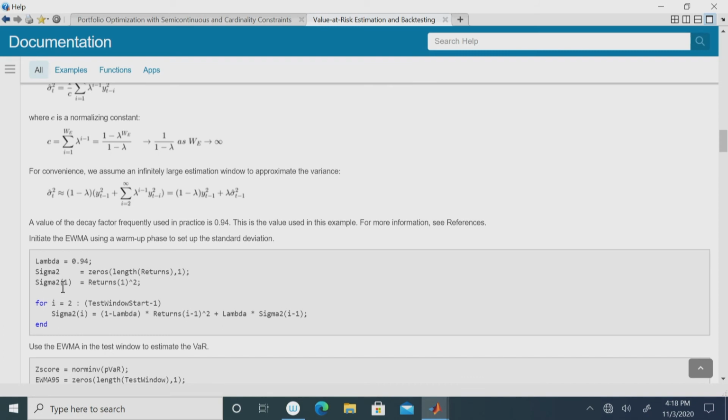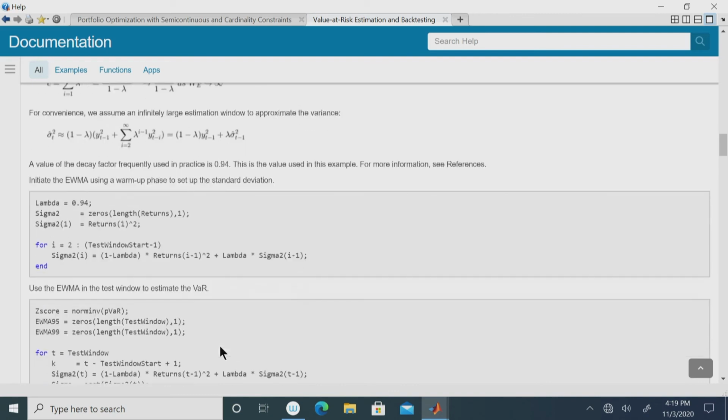We set the first value of sigma hat squared to be returns of 1 squared, and then recursively make use of this formulation to generate all the values of sigma. So, we start off with sigma squared of 1 as the initial value for this relation, and then use the recursive relation to calculate all the sigmas for i equal to 2 all the way to the number of points in the test window.